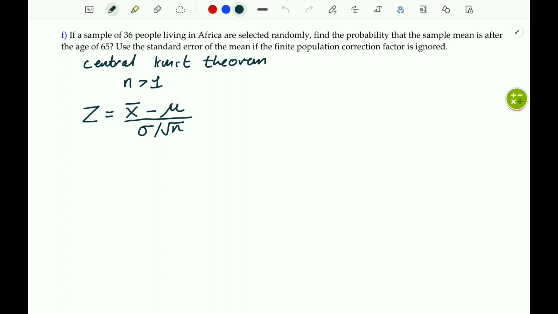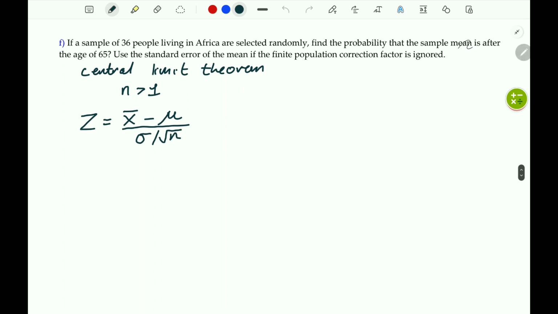Because we're looking at a sample of 36 people, and the variable is normally distributed as stated in the beginning, but also because the sample size is 30 or more, we will be using the central limit theorem in order to find the probability. It says the sample mean is after the age of 65, which means we're shading to the right.